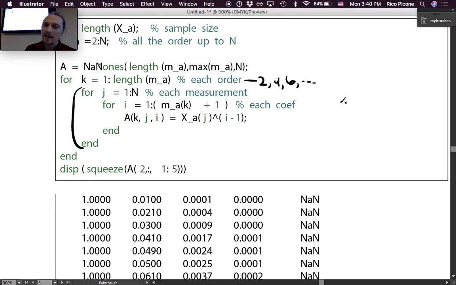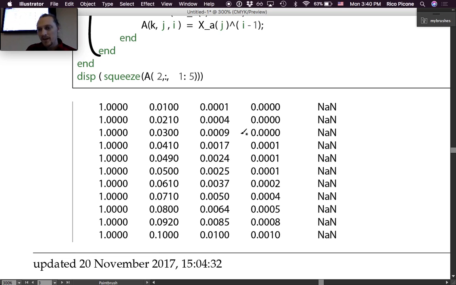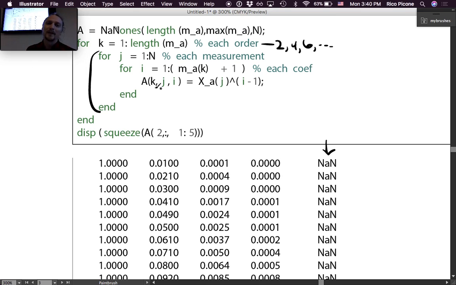The other thing I did was pre-allocate with all NaNs, and I printed out one NaN column to show you that that's the only valid one. I'm using a 3-dimensional array here, which I know sounds scary, but one day you'll feel like a 3-dimensional array is no big deal.